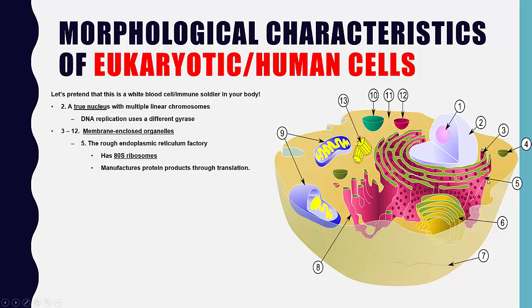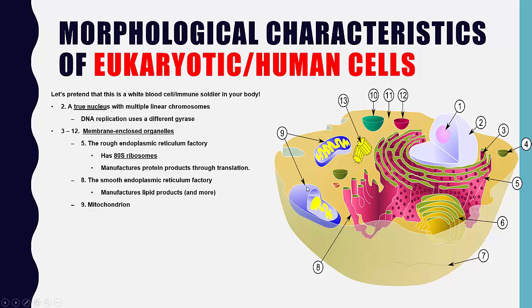But since these factories have ribosomes attached to them, they must make proteins. Yes, they do. Okay. You also have a smooth endoplasmic reticulum. And they're going to manufacture all kinds of lipid products, and they do a lot more. They process waste, detoxify stuff.